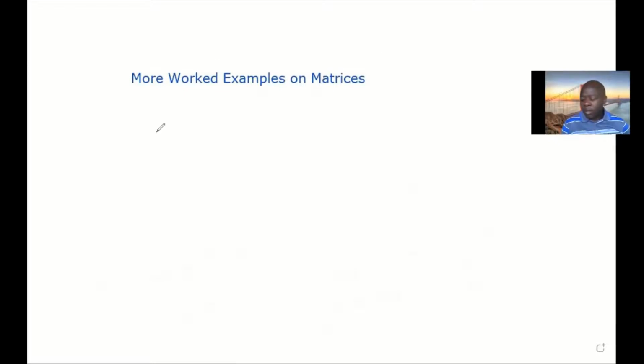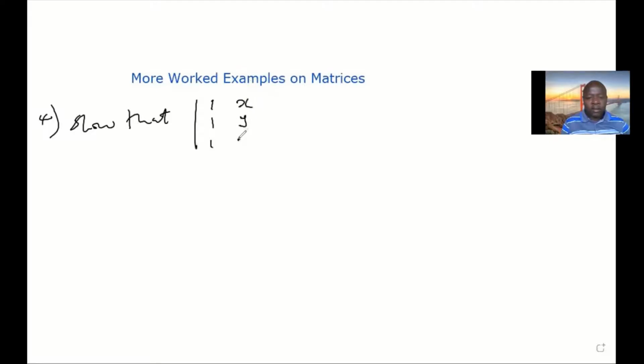Now let me look at another example. And the example I want to look at is Example 4. Show that this one is easy. We looked at a similar one last time, but I just want to look at a different approach.